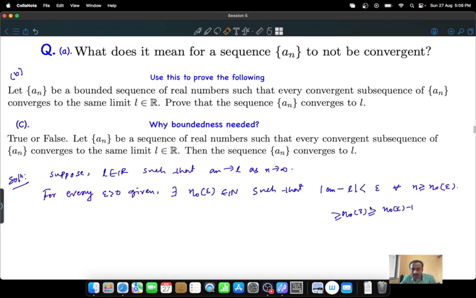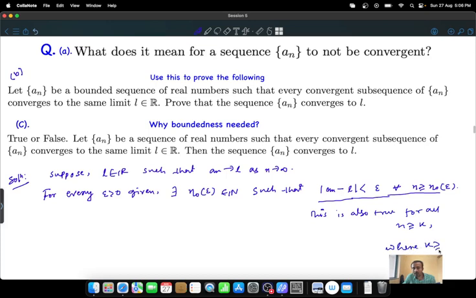If you choose any number k bigger than n naught of epsilon, the condition is also true for all n greater or equal to k.